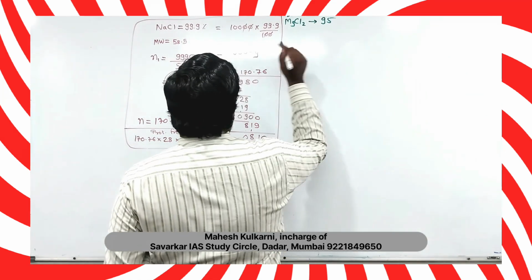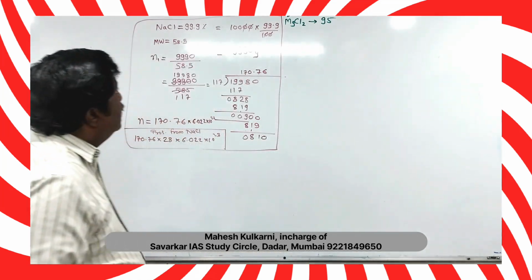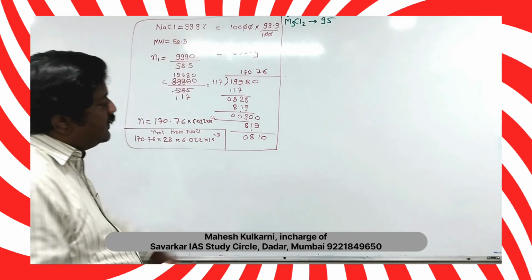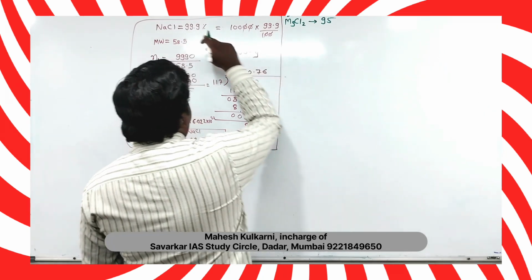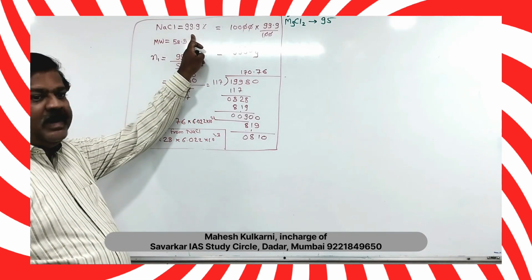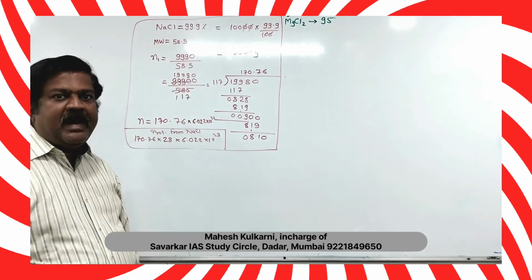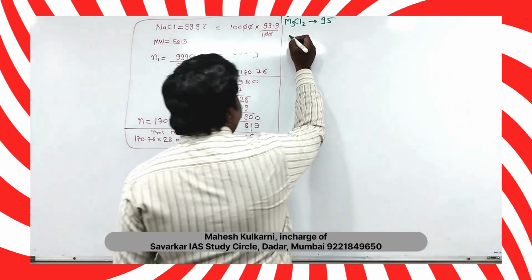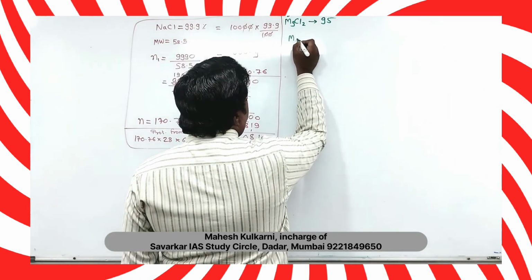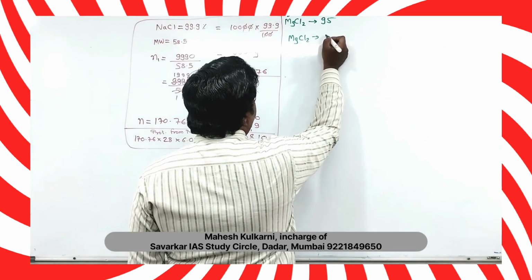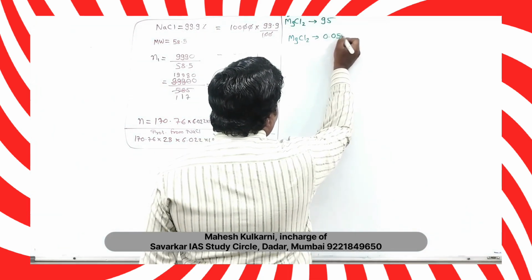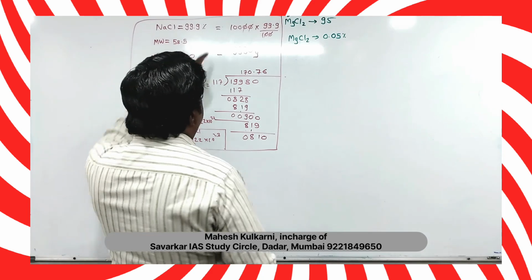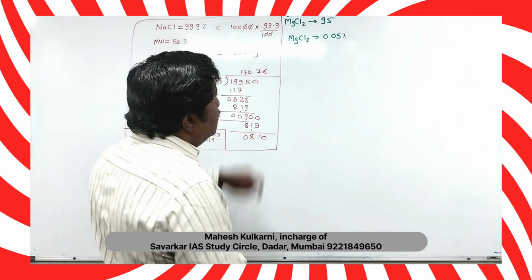Now we are going to find out the percent. So it is not 0.1, suppose I am adding 0.1, then it will be 100. 0.1 divided by 2, that is 0.05. So the percentage of magnesium chloride is 0.05% of obviously 10,000.